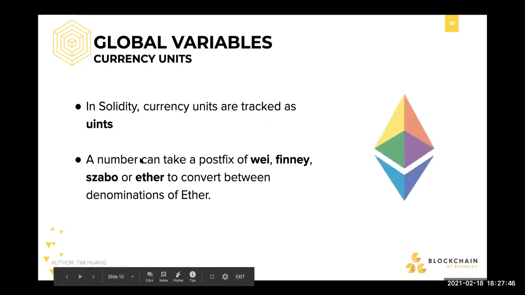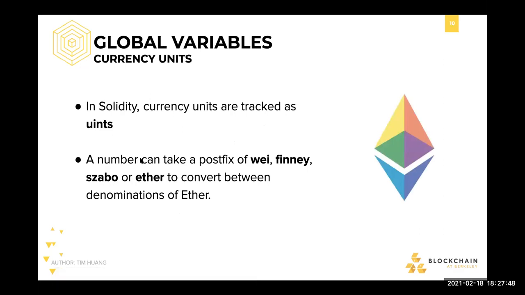In Solidity, currency units are tracked as unsigned integers. And the number could take a postfix of these, which are like units of ether. So you know how the dollar has cents and dimes and stuff, that's pretty much the equivalent of that.